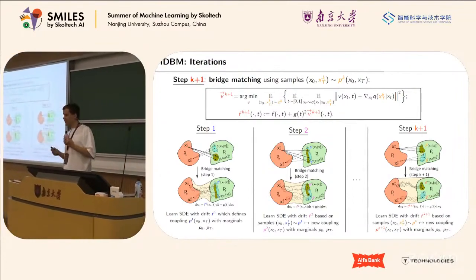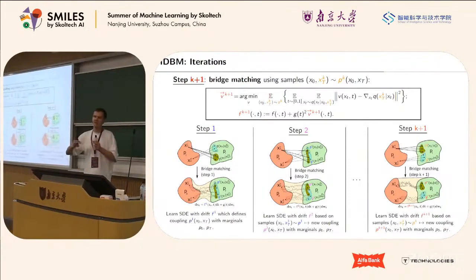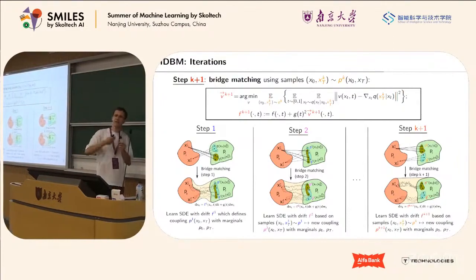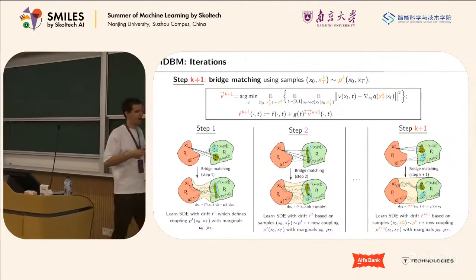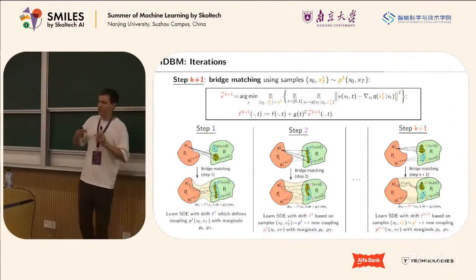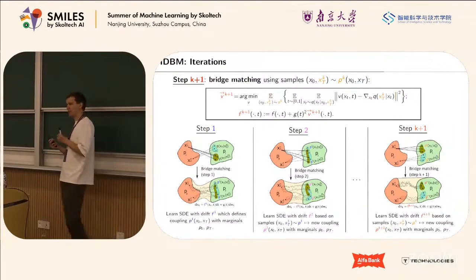This model learned on the first step defines some correspondences between data, so roughly speaking, some coupling between two data distributions. And we can use this coupling as an input to the training of our bridge matching model on the next step.